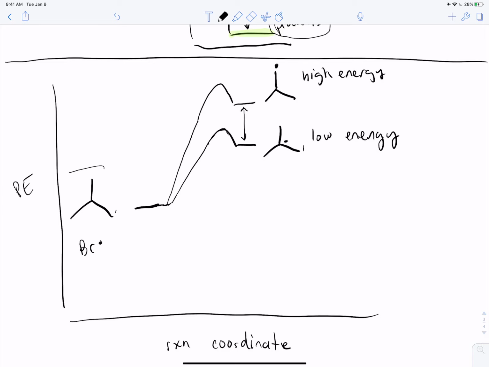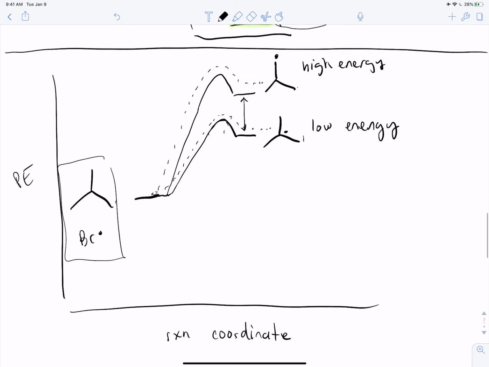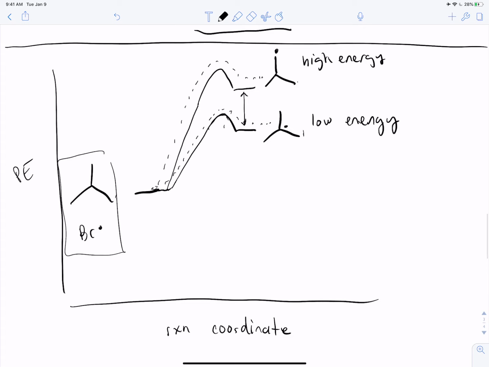If I'm starting down here and trying to go to this high energy species, you can see that it's going to take a lot more energy to get up here and form that high energy species, and the lower reaction barrier is to get to the low energy species. These transition states correspond to the activation energy and relate back to the rate of the reaction. So the low energy species forms a lot faster than the high energy species.